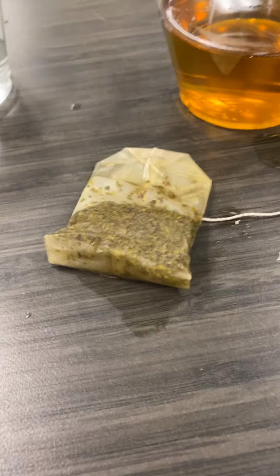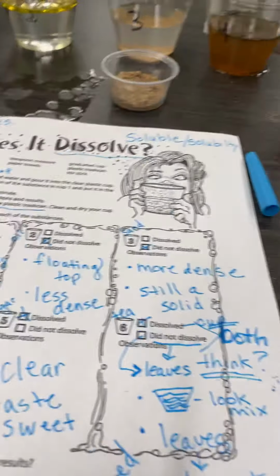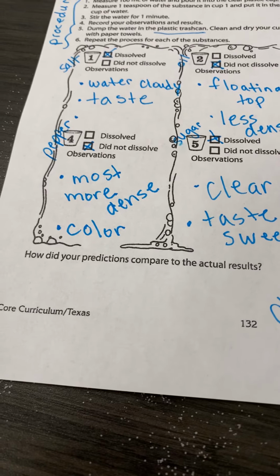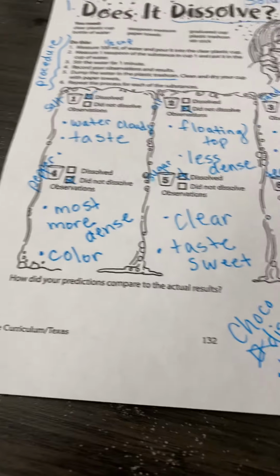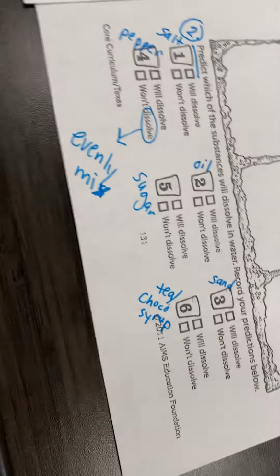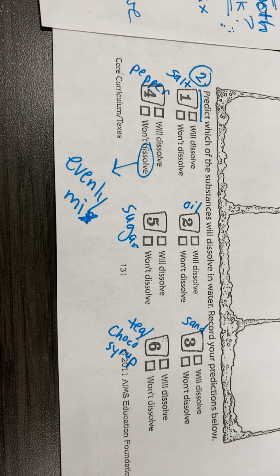But no, we know that the tea leaves do not dissolve. Okay? So we did our question, we made our hypothesis. Now let's compare. How do our results compare with your hypothesis?